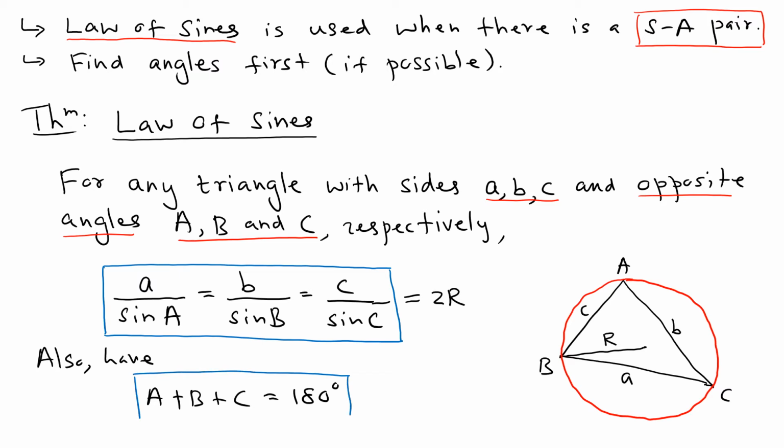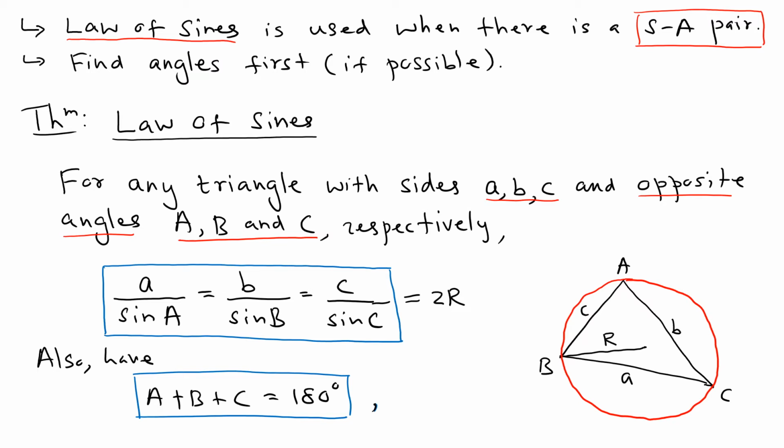Also, we know that for any triangle, the sum of the two smaller sides has to be larger than the largest side.